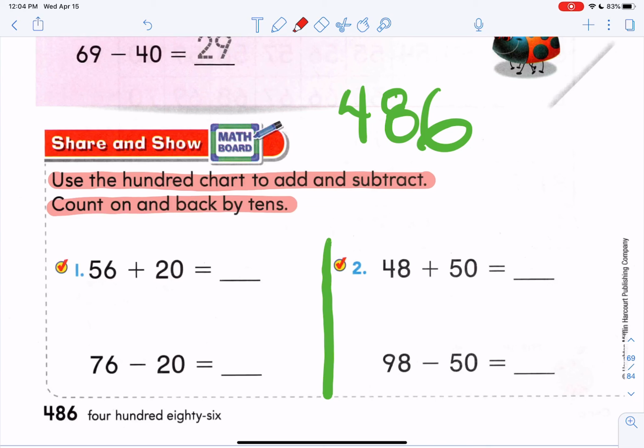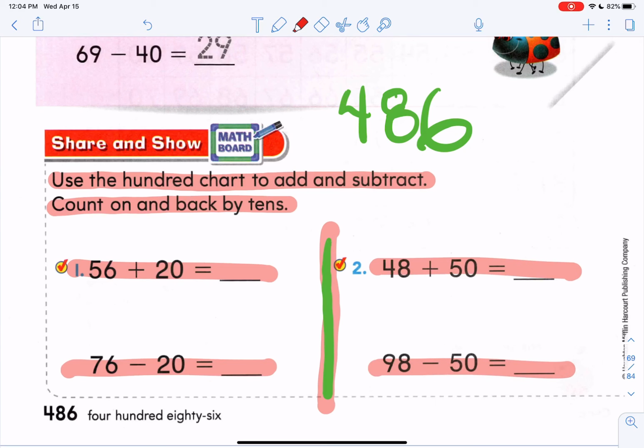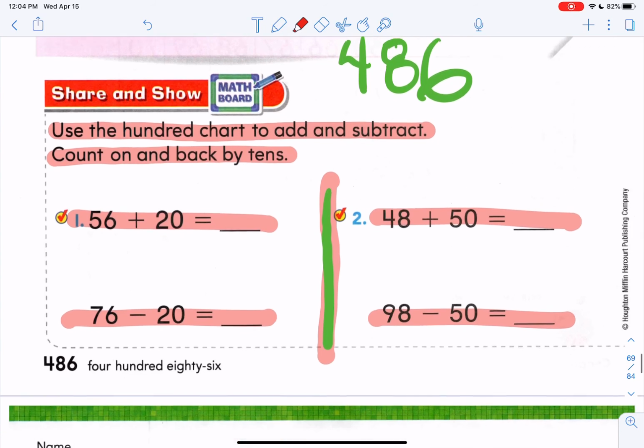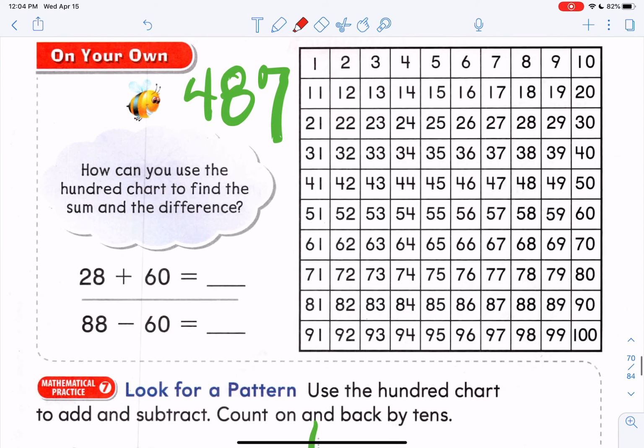And I put this green line here to remind you that we've got some related facts. These are going to go together, and these are going to go together. But try and use the hundreds chart to solve the problem before you use the related facts. When you finish these two, move on to page 487.